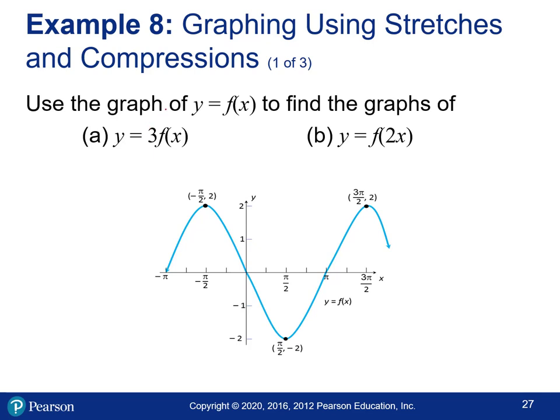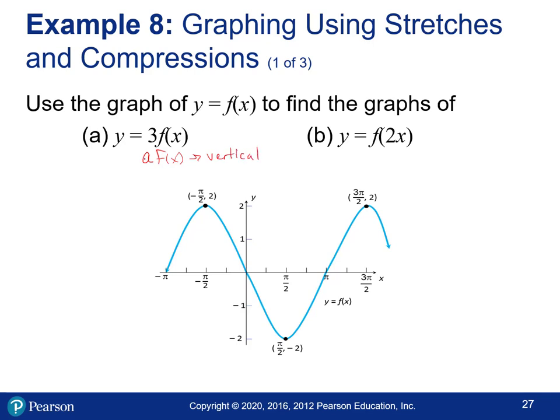So using our original function, which notice we don't actually know what it is, we're just given the graph of it. And so f of x is the original, which is in blue here, and we're told to graph 3 times f of x and then f of 2 times x. So right away, this one, because it's a number outside multiplying f of x, this one's going to be a vertical something.